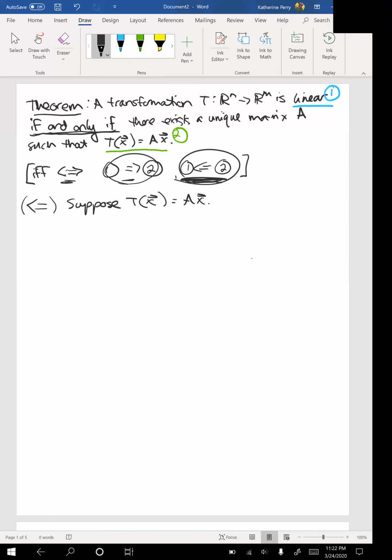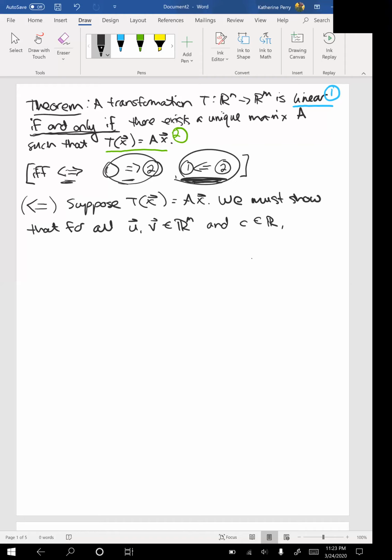But what that means is we must show that for all input vectors, so I'll say u and v in Rn, and constants c and r, we had these two properties that we mentioned.